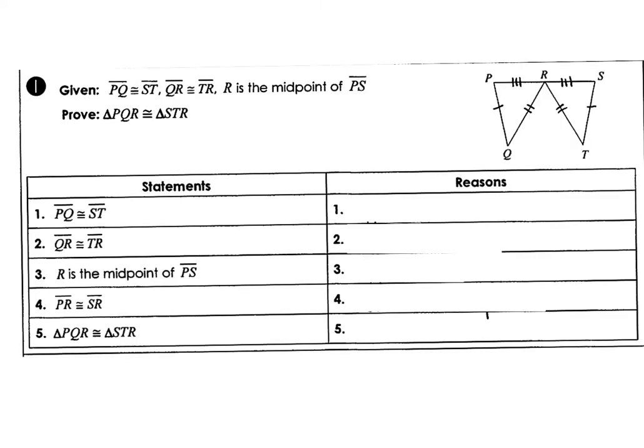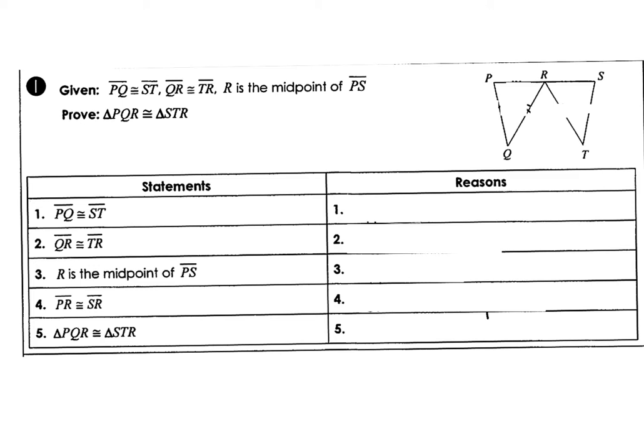It says, given that PQ is congruent to ST and QR is congruent to TR, R is the midpoint of PS. They've given us QR congruent to TR.